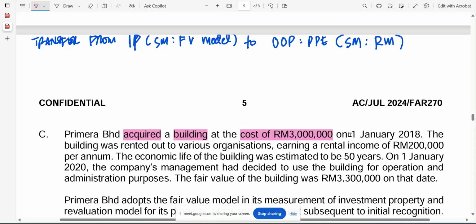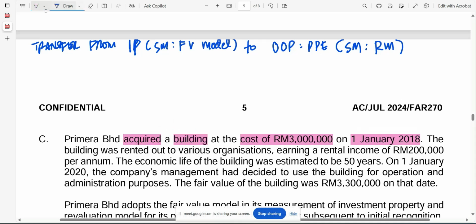This is on the date of purchase, 1st of January 2018. So 1st of January 2018 is the date of acquisition.